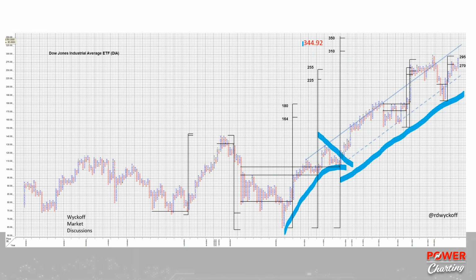Recent count objective 344.92, so very close and within the range of the count objectives. And also take note, as we just talked about with the SPYs, these counts did stop the advance. They both stopped the advance for a period of time before it was able to then resume its uptrend.